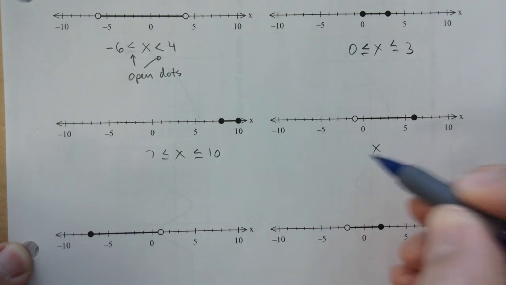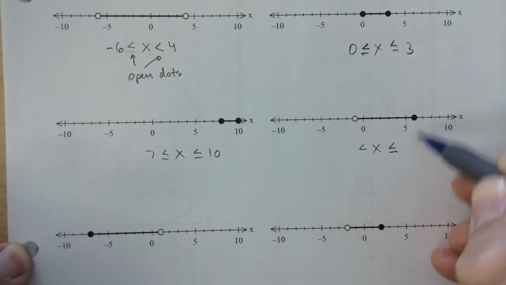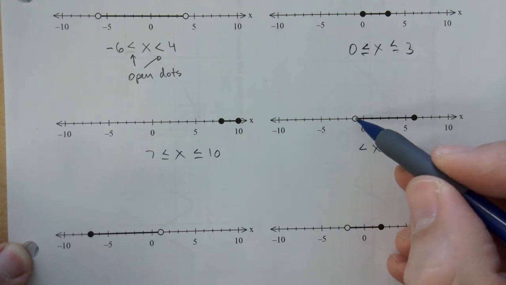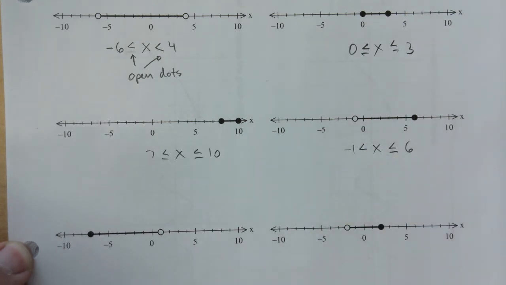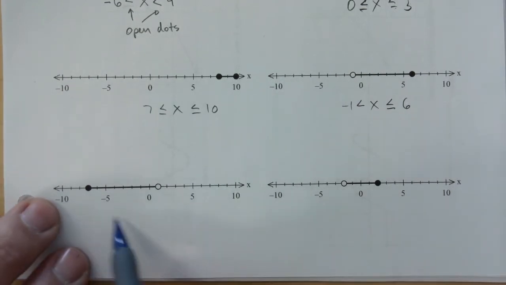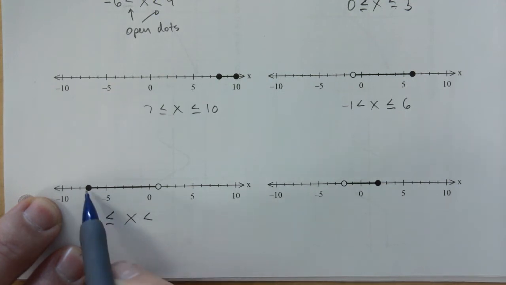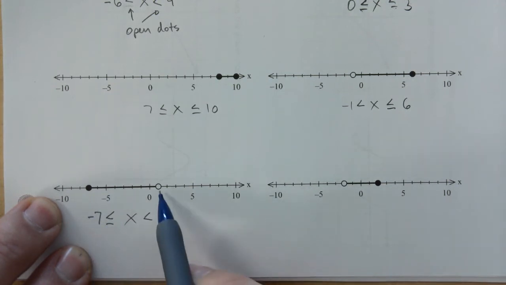Here I'm also contained, but it's not equal on this side. It is on this side. So it'd be 6, and this would be -1. And here it's also contained, no equal sign on this side, but there's an equal sign on this side, which is -7, and this is 1.